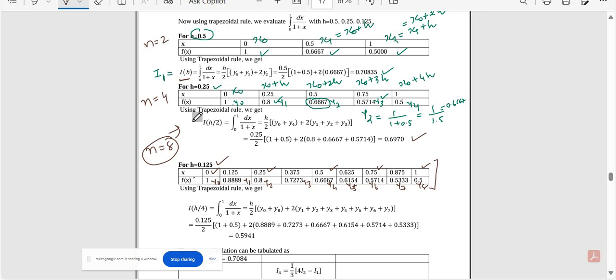Why have you taken I equal to h by 2 times the bracket y0 plus y3? Because here our table is up to y2. Okay, there is a mistake here. Thank you. It should be y0, y2, and this will be your y1. Okay, there is a typographical error.